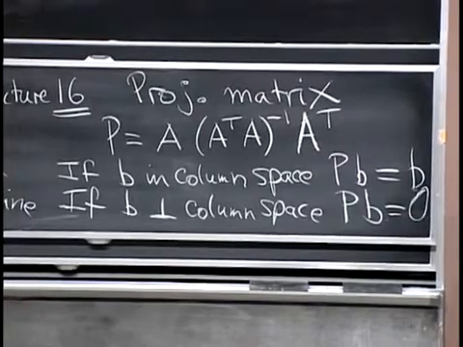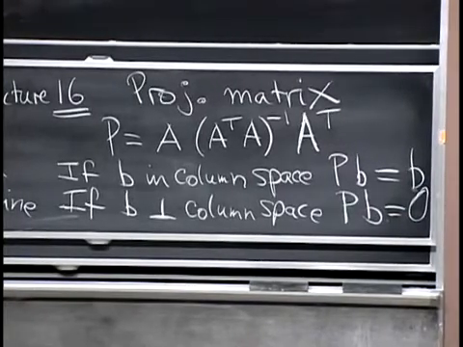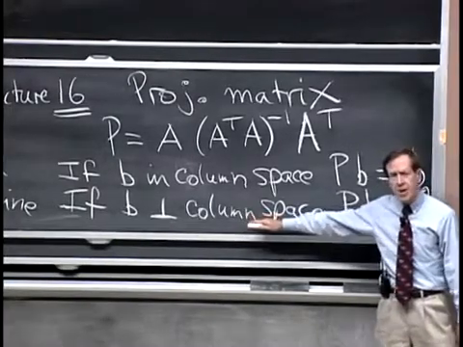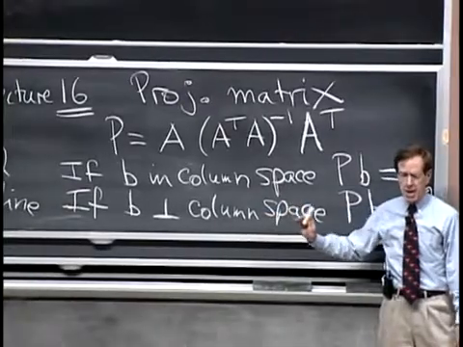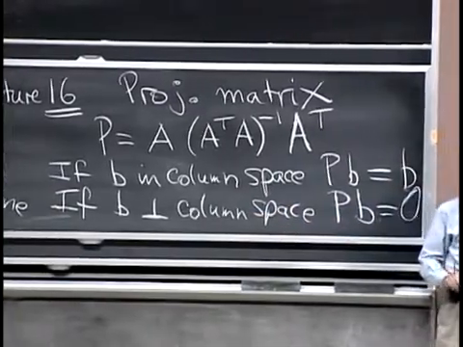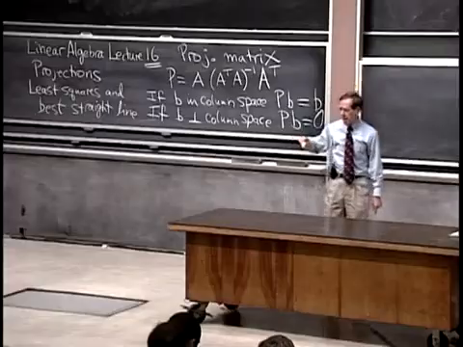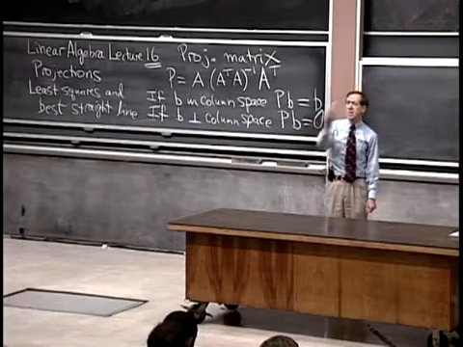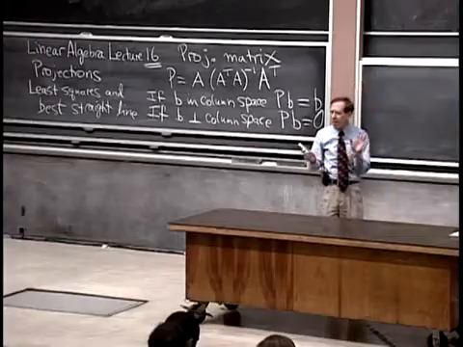What vectors are perpendicular to the column space? How do I see that I really get 0? I have to think, what does it mean for a vector b to be perpendicular to the column space? If it's perpendicular to all the columns, then it's in some other space. We've got our 4 spaces.